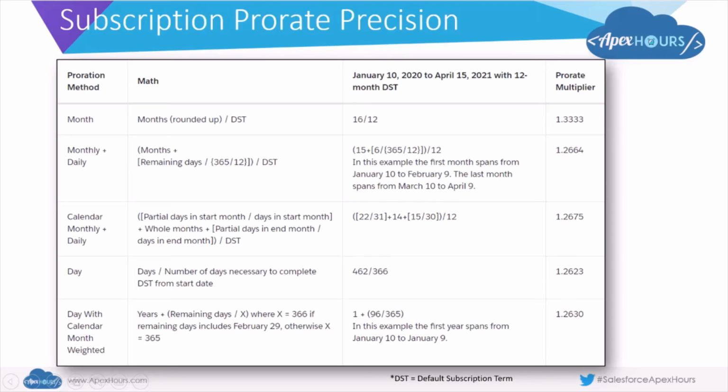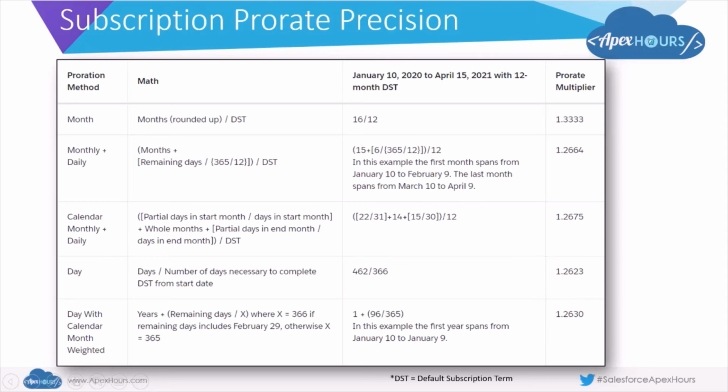The first column talks through the different proration methods, the settings which you are choosing in a subscription prorate precision. The next one explains what sort of math or the logic which is applied to do the prorate calculation. Third is the actual calculation and the calculated prorate multiplier.